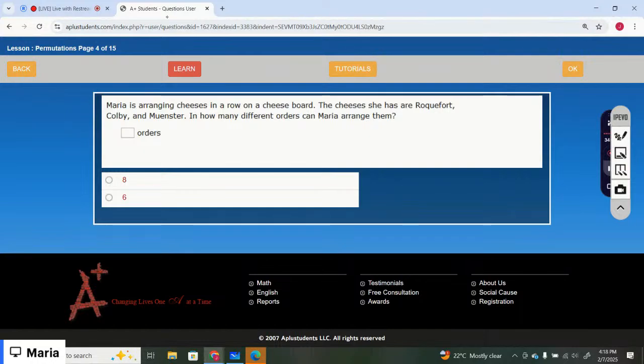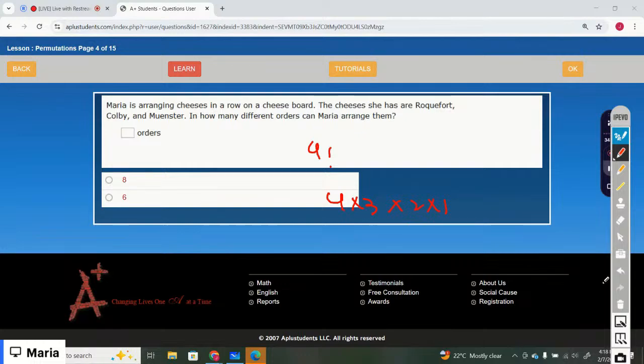Maria is arranging cheese in a row on a cheese board. The cheeses she has are Roquefort, Colby, and Muenster. In how many different orders can Maria arrange them? So you have three options that can be arranged in 3 factorial.